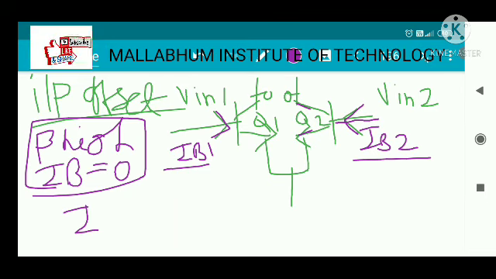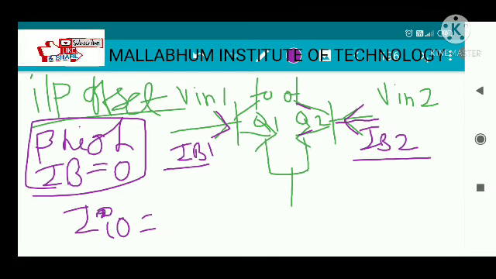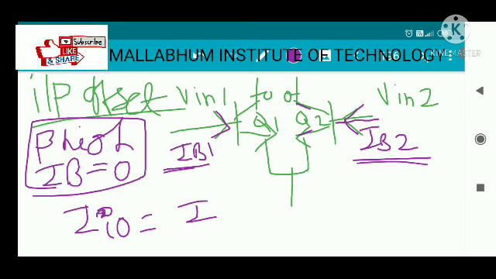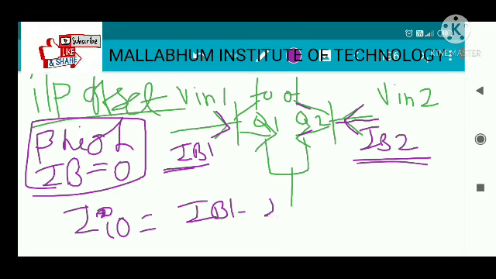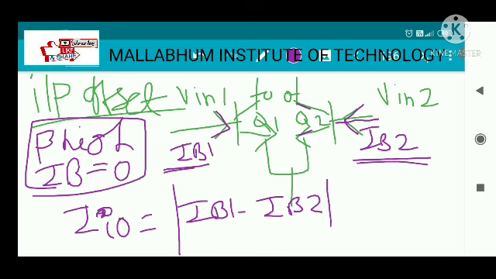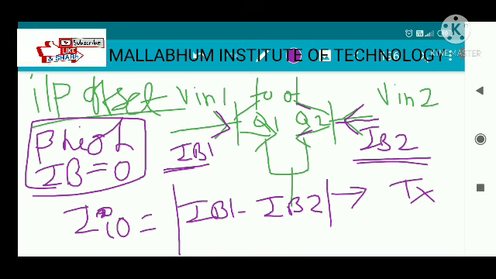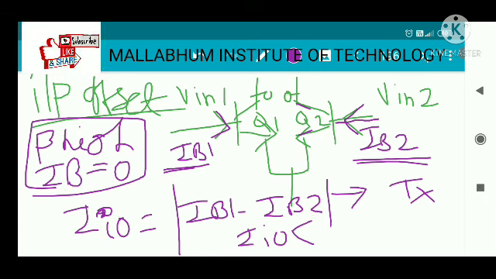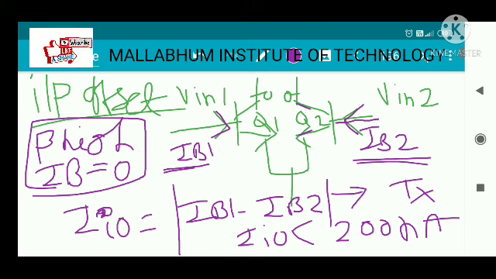So this is the input offset current, that means I0. Theoretically this current should be 0, but practically there is a flow of current into the op-amp due to the mismatch of the transistors. The range of this current I0 is 200 nanoampere to 6 nanoampere.